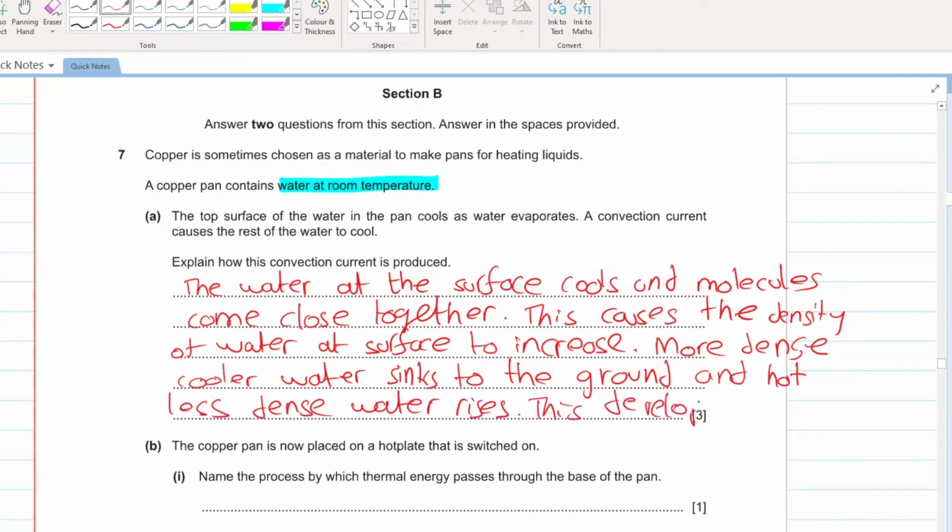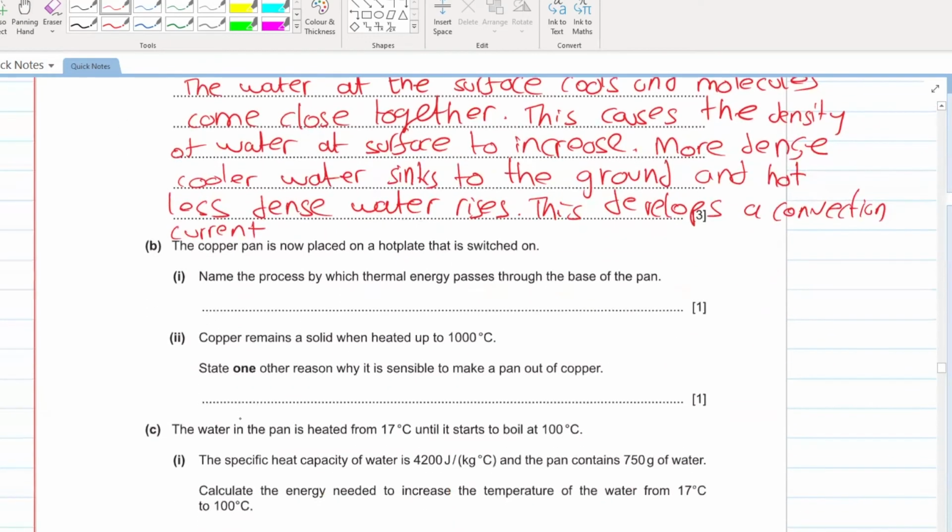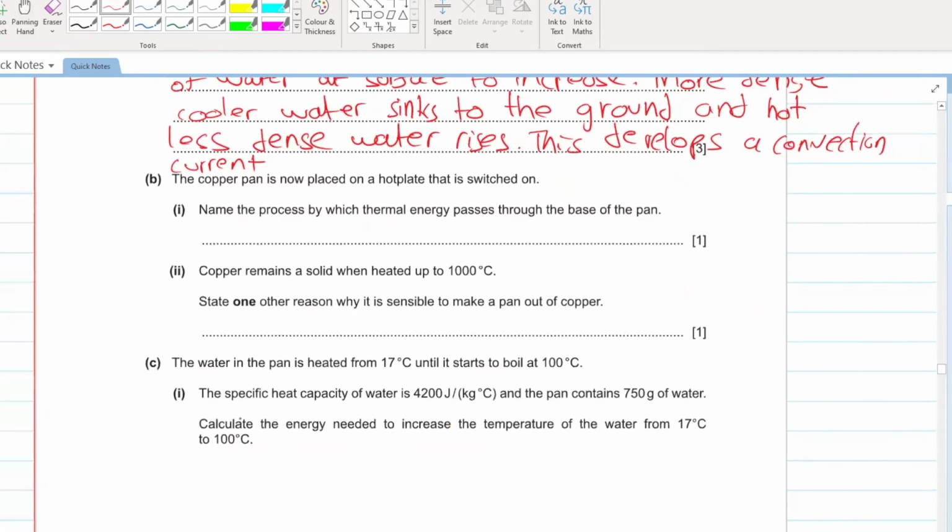This develops a convection current. Simple as that.